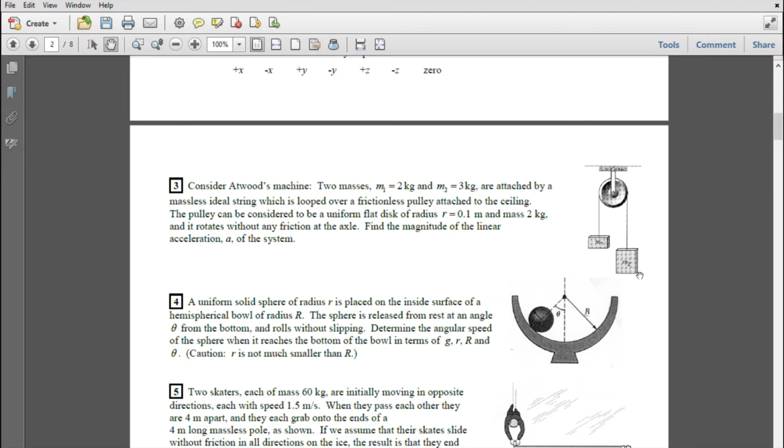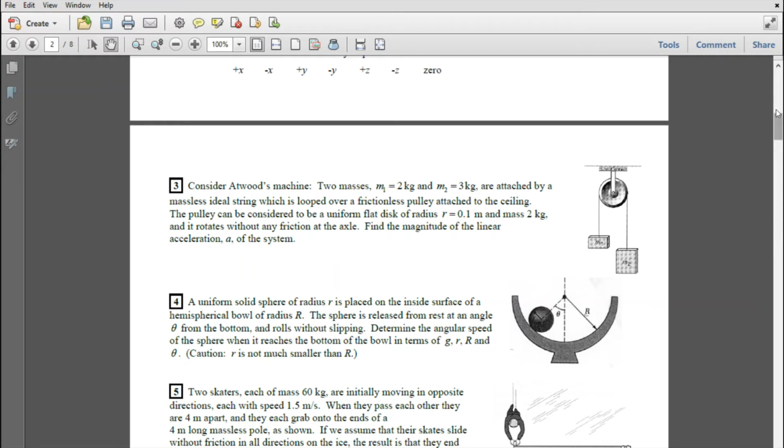So we can replace alpha with A's in those cases. Okay, then I'll get three equations that will involve the variables T1, T2, and alpha.